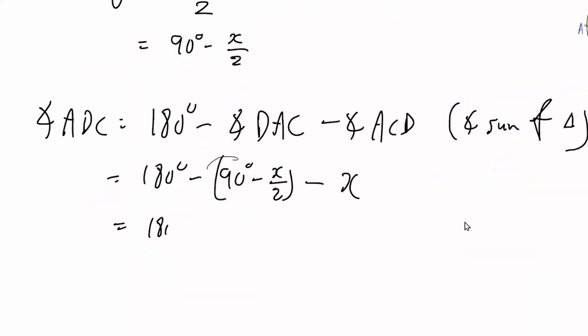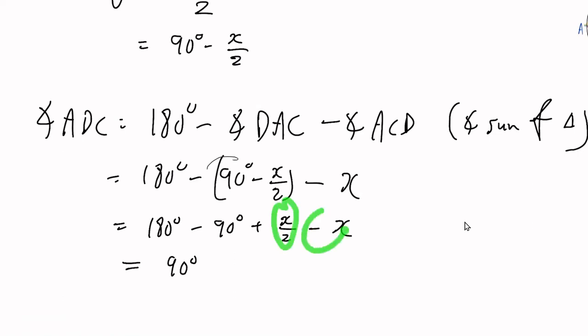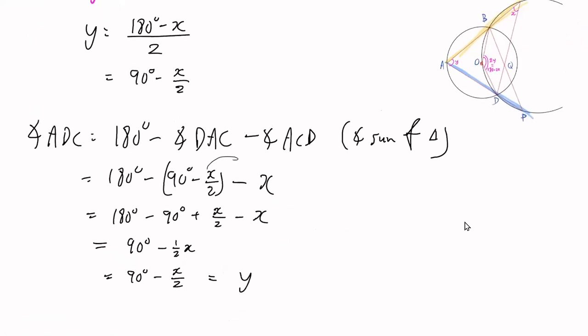Simplify a bit, you get 180 degrees minus 90 degrees plus x over 2 minus x. 180 minus 90 is just 90. Half of x minus away 1 of x means you're left with just minus half of x, which is actually just 90 degrees minus x over 2, which is actually just y.